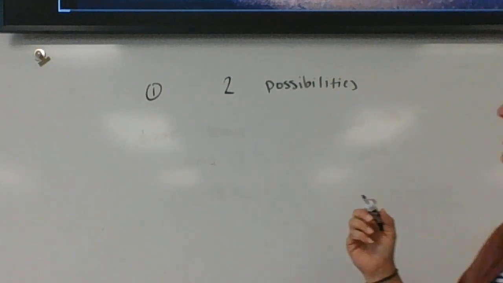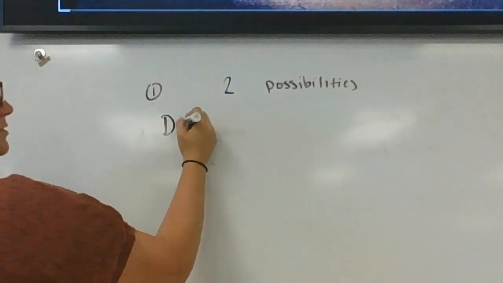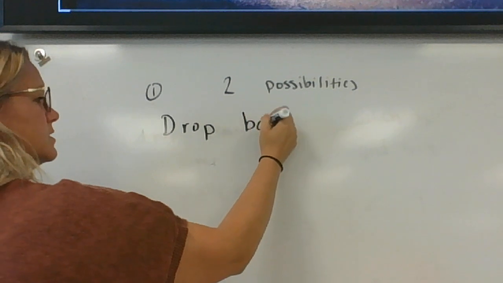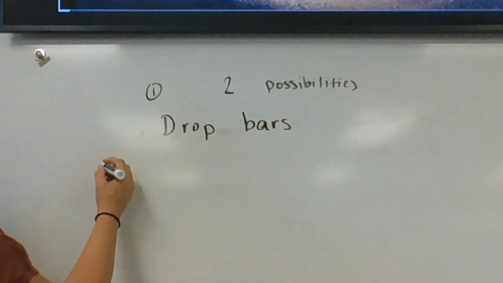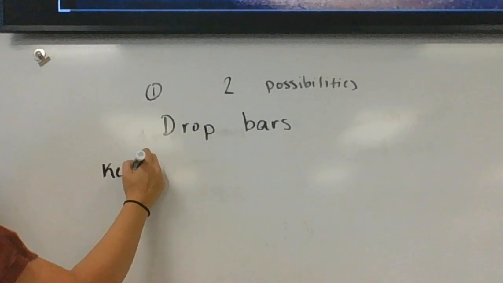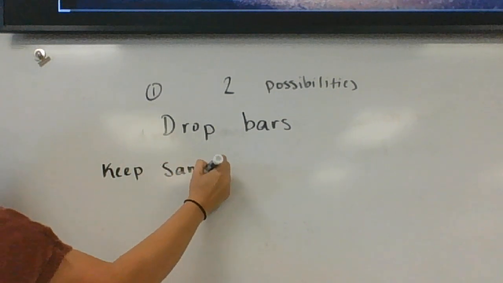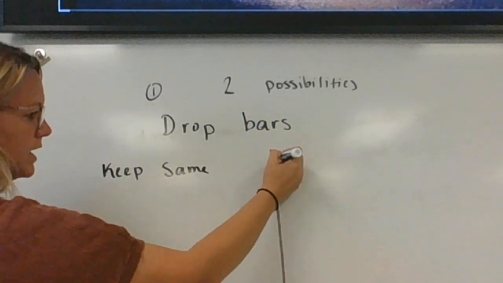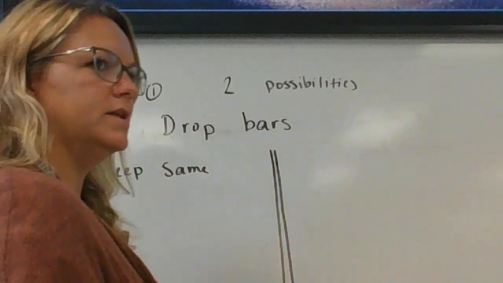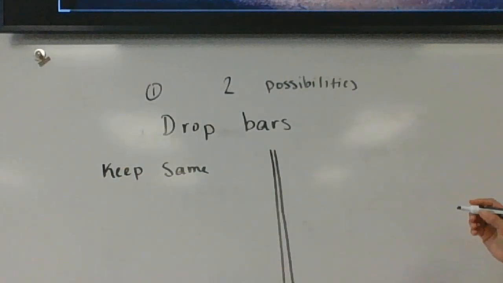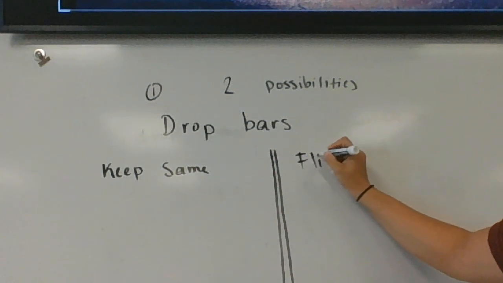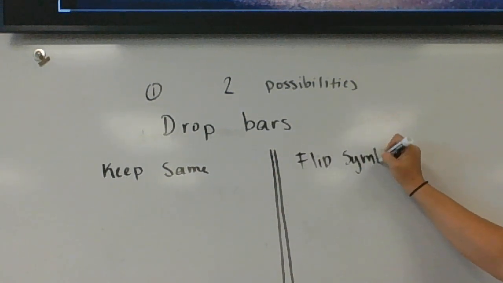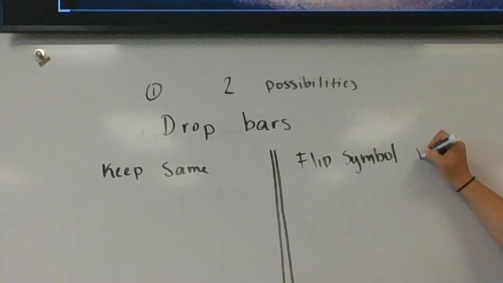Okay. So my two possibilities: I'm going to drop these absolute value bars. First I will keep everything the same. Then I'm going to do it again, but on the second possibility, I'm going to flip the symbol and change the sign of the number.